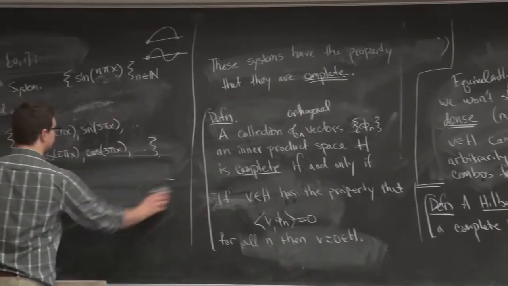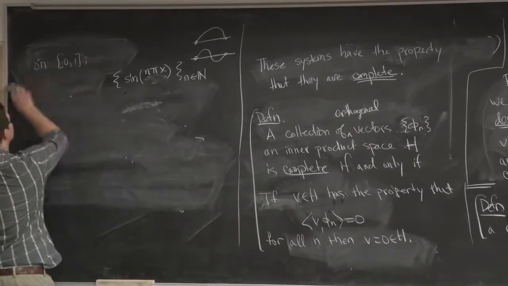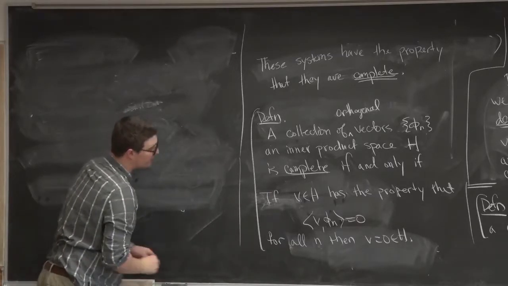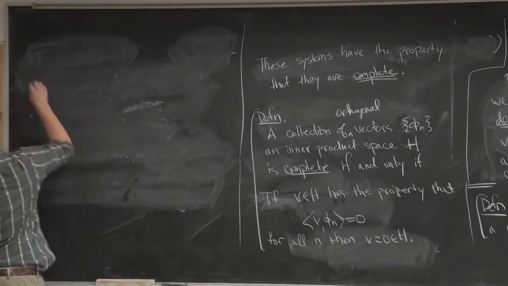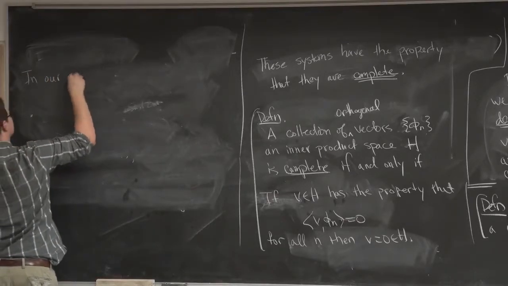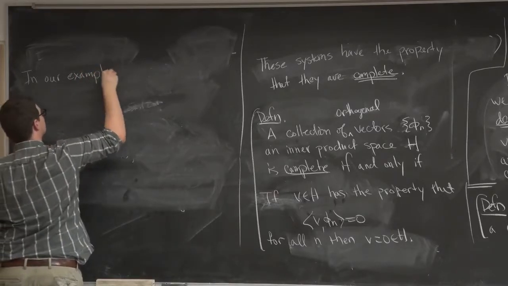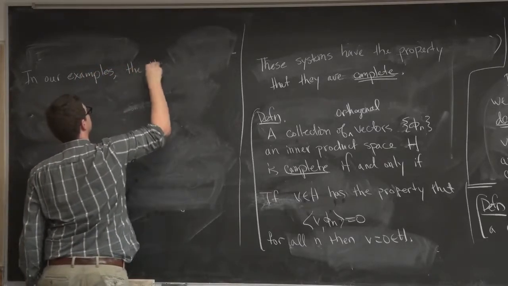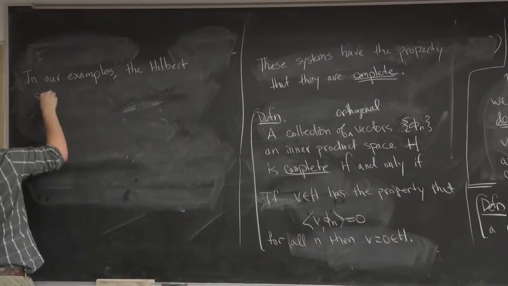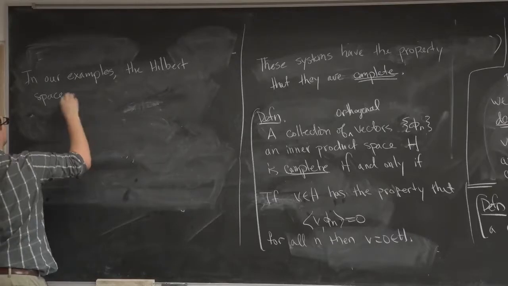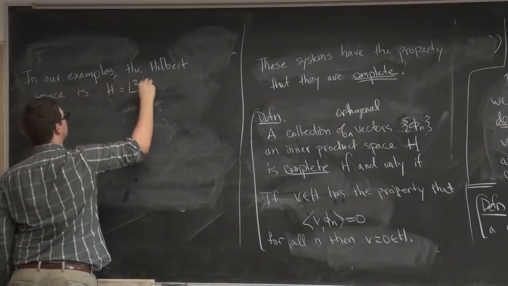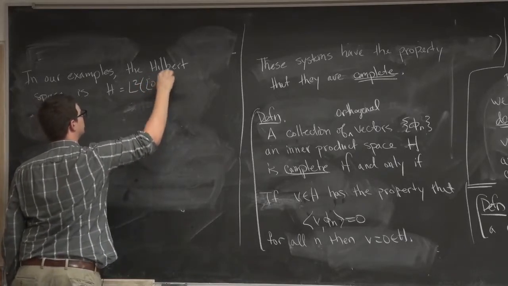So recall, the idea, in our examples, the Hilbert space is what we call H, which is L2 of 0, 1, right?